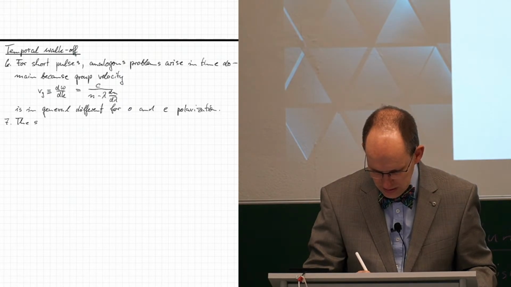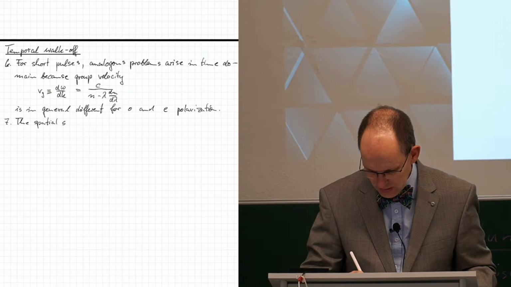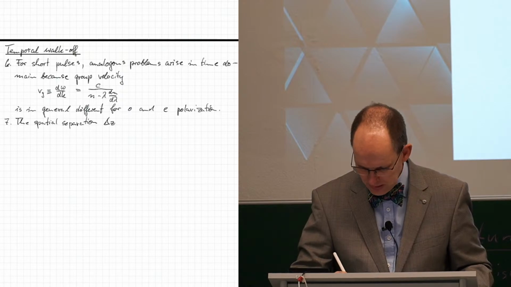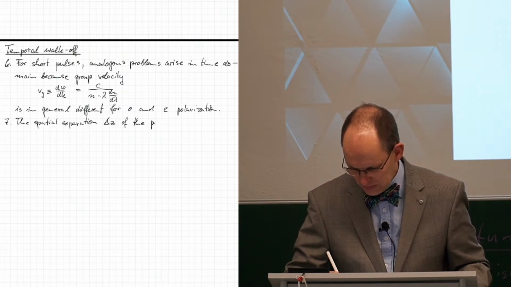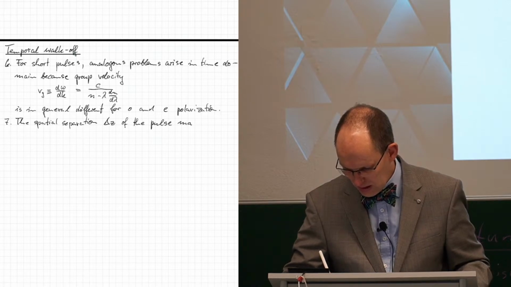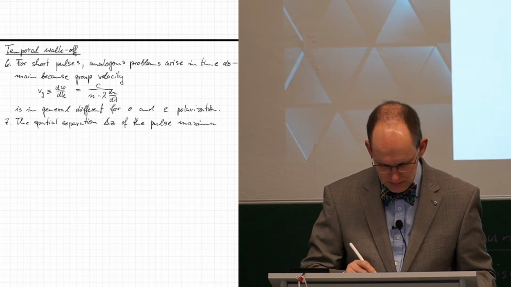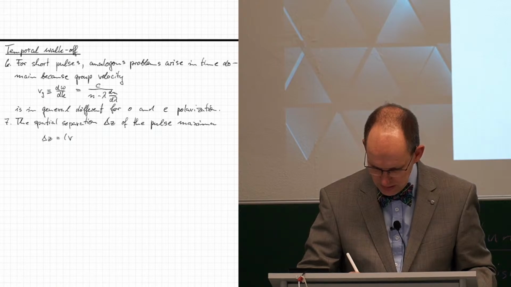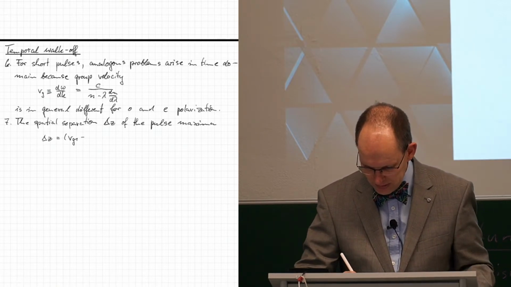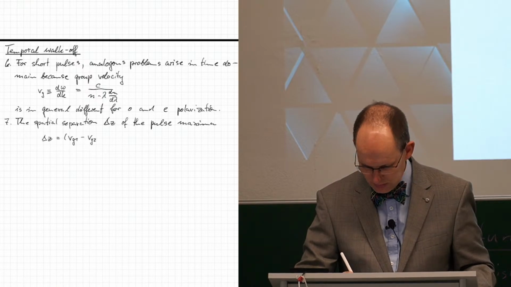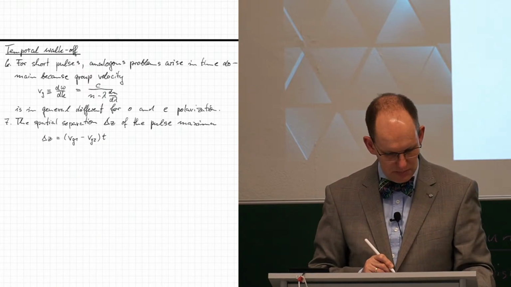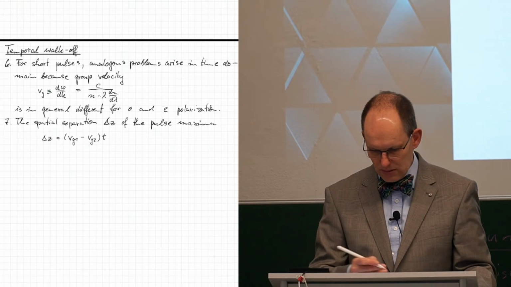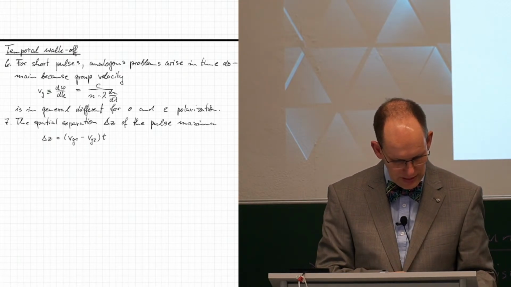We calculate the spatial separation and call it delta Z of the pulse maxima, in propagation distance. Then we get delta Z equal to the group velocity of, say, the fundamental minus the group velocity of the second harmonic, times t, the propagation time.